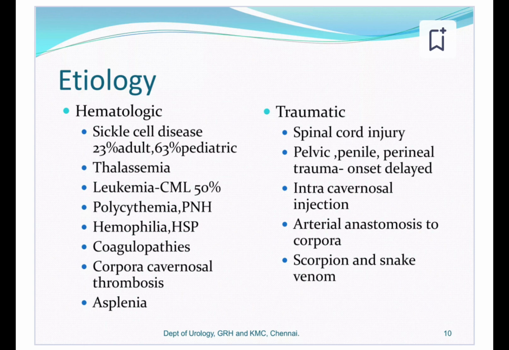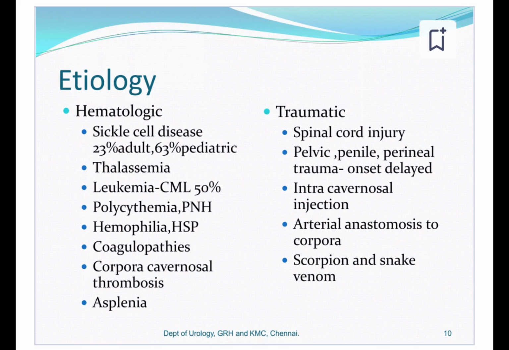So, if I summarize the etiological factors for the development of priapism, ischemic priapism is 95%, and much of the time it is idiopathic. There are some hematological causes of ischemic priapism, including sickle cell disease, thalassemia, leukemia, multiple myeloma, and hemodialysis.